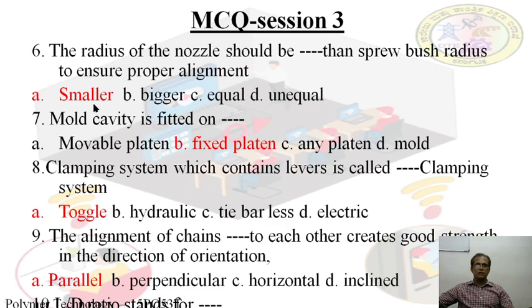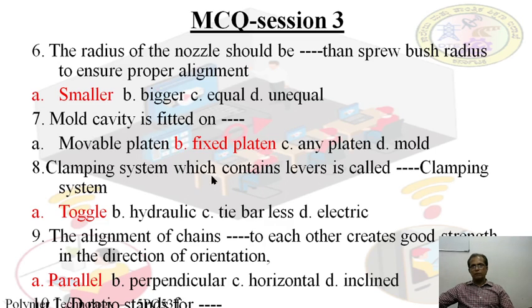The correct answer to this question is smaller than screw bush radius. Question number 7. Mold cavity is fitted on dash. Mold cavity is fitted on mold. Cavity is fitted on movable platen, fixed platen, any platen or mold. So, correct answer is fixed platen.